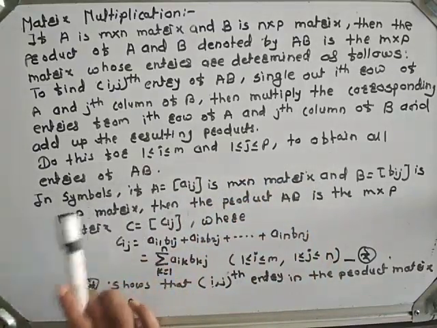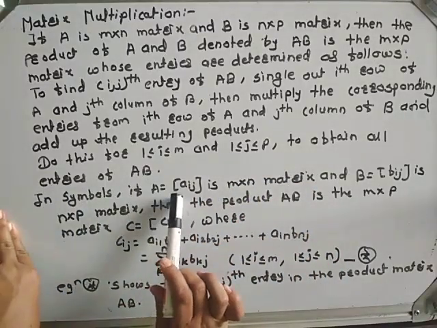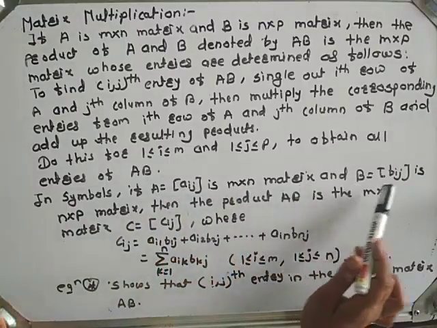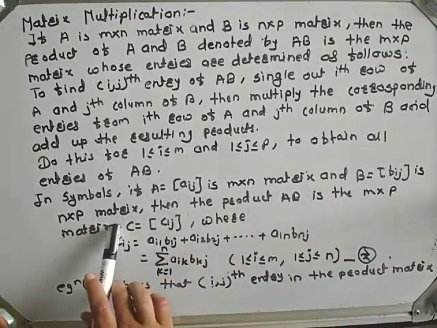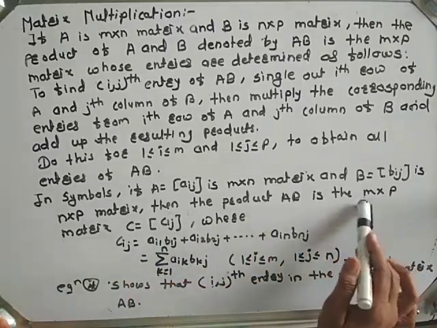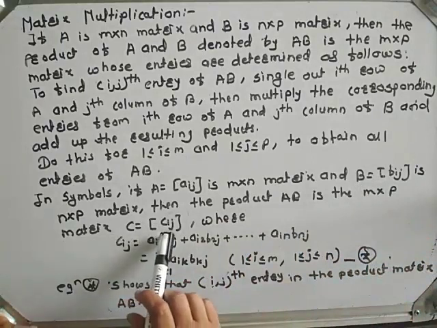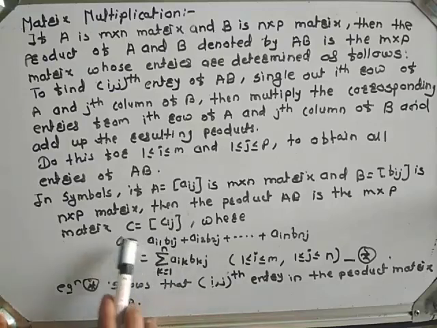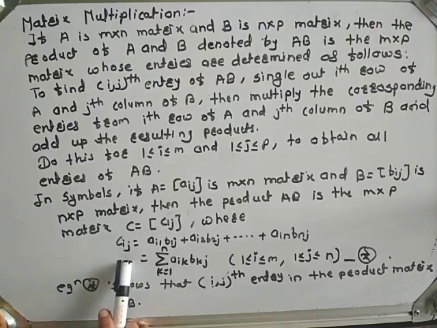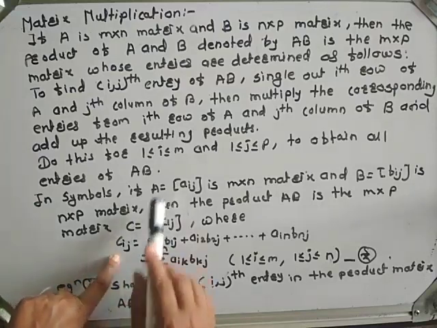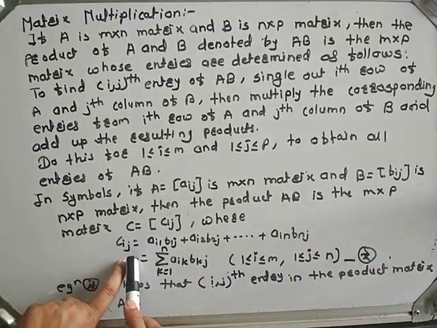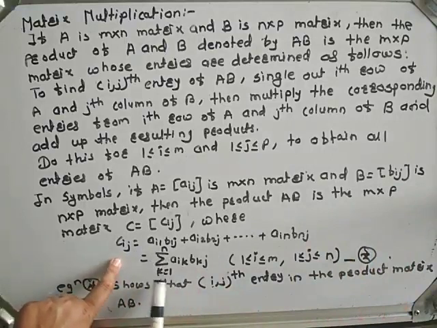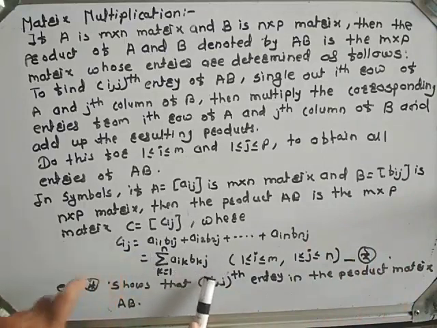In symbols, if A equals the matrix Aij is an m by n matrix and B equals the matrix Bij is an n by p matrix, then the product AB is the m by p matrix C equals the matrix Cij, where Cij means the entry in the ith row and jth column of matrix C, which is nothing but the product of the ith row of A and the jth column of B. Hence, we get the summation k runs from 1 to n of Aik Bkj.